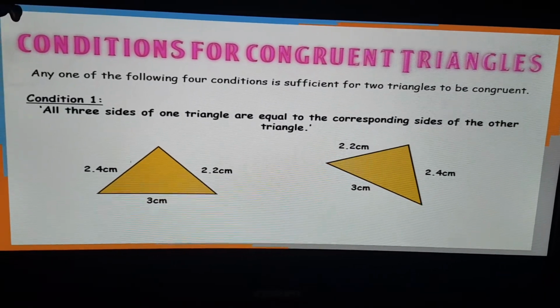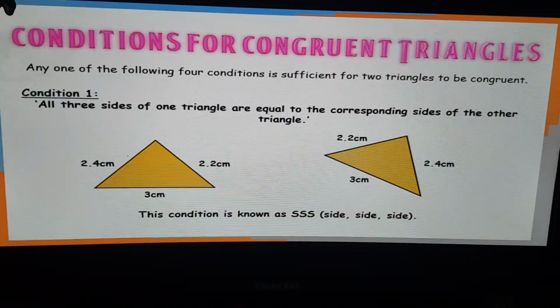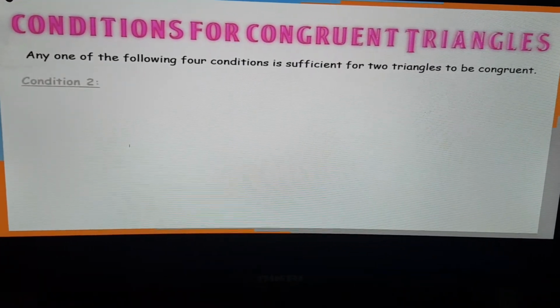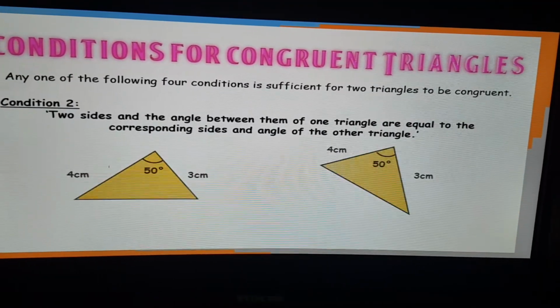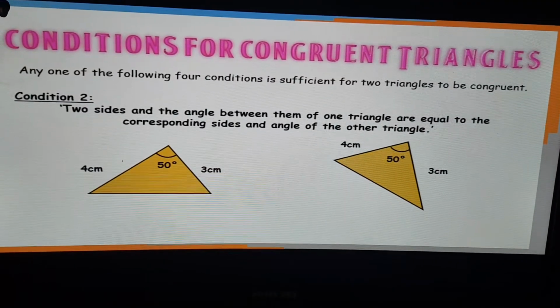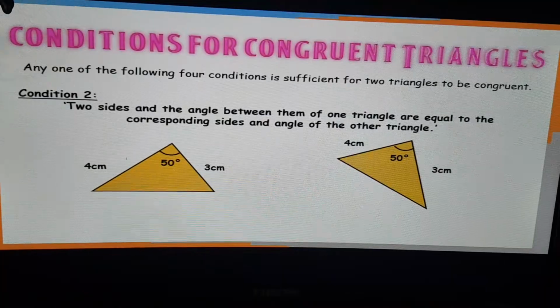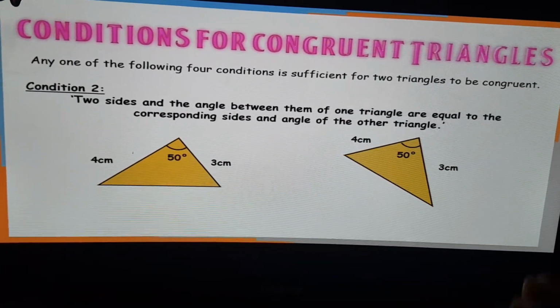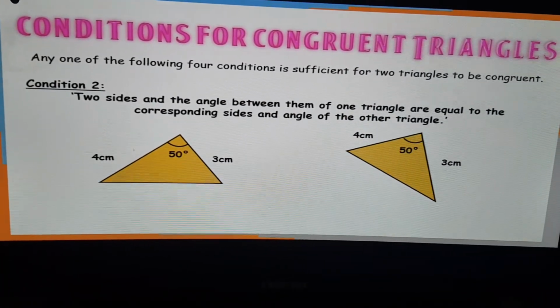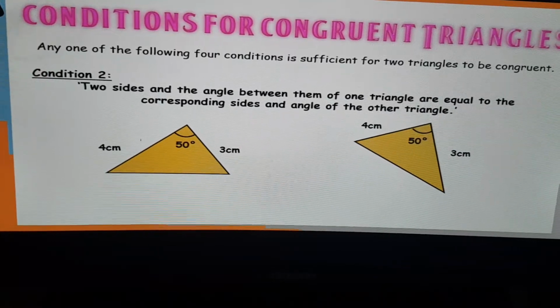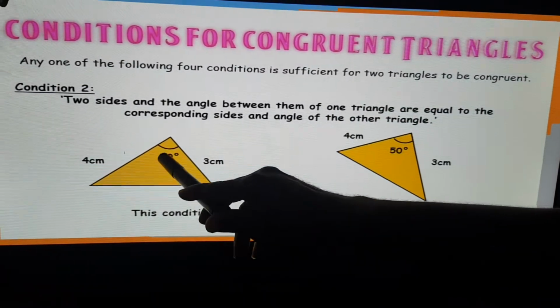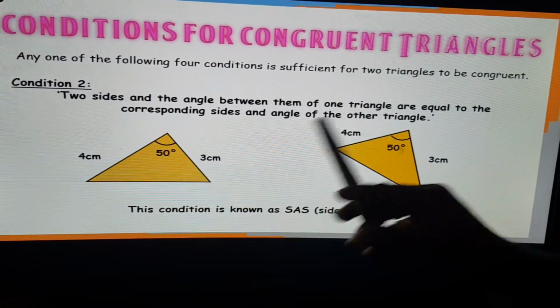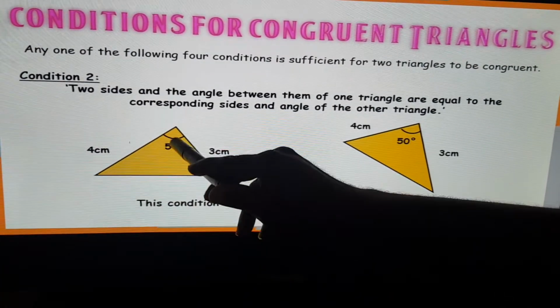Now the second condition that determines whether triangles are congruent states that two sides and the angle between them must be equal to the corresponding sides and angle of the other triangle. As we can see, there is an angle in between. We've got two sides and an angle in between.